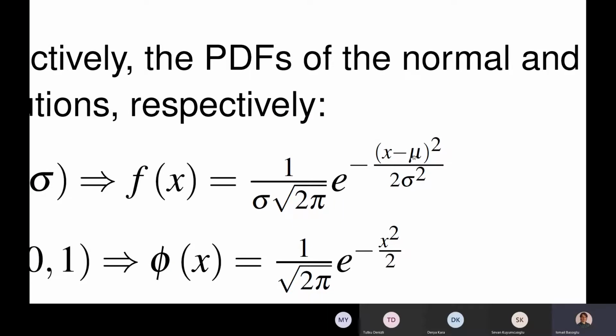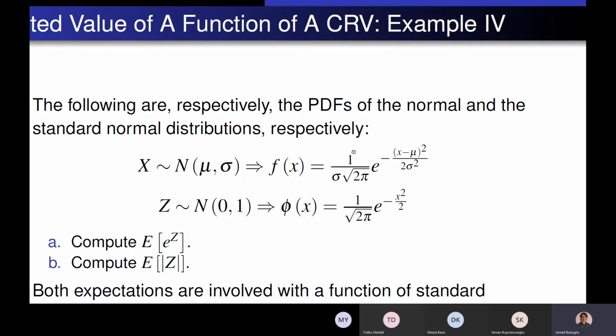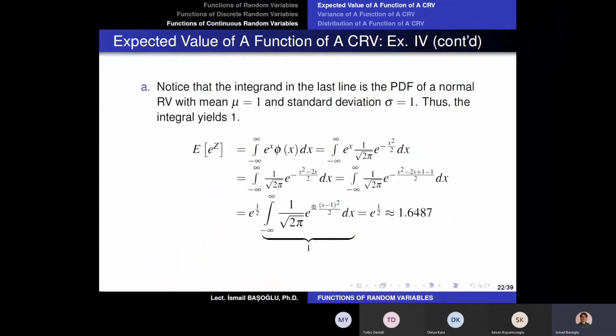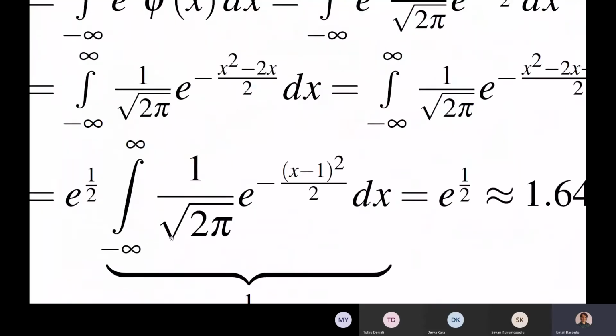If the location parameter is equal to 1 and the scale parameter is also equal to 1, then that probability density function will become just like this. Here the location parameter is 1 and the scale parameter is 1 as well, so we do not see it.